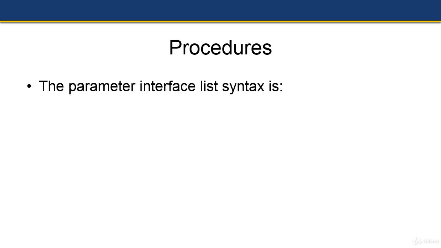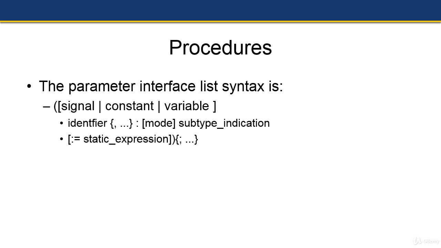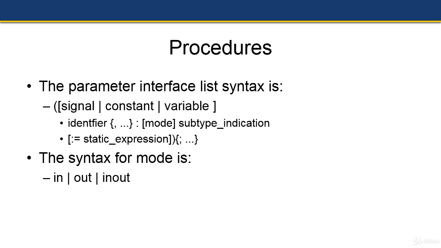The parameter interface list in the procedure declaration begins with a parenthesis and then either signal or constant or variable, followed by one or more identifier names, colon, and then mode, and mode can be either in, out, or in-out.